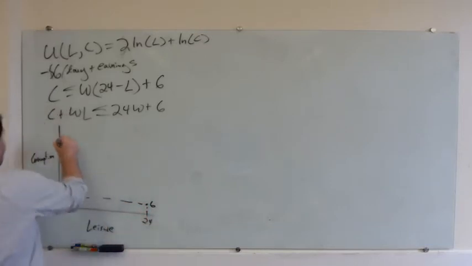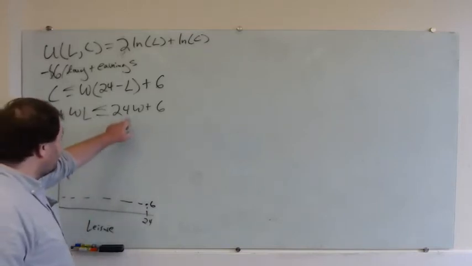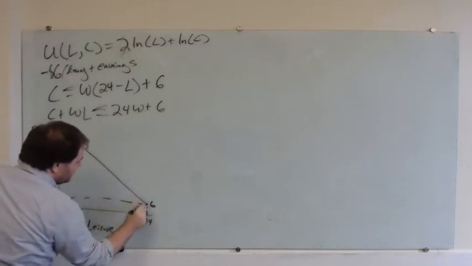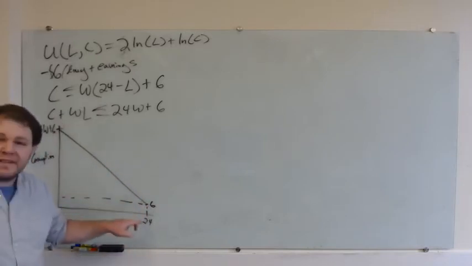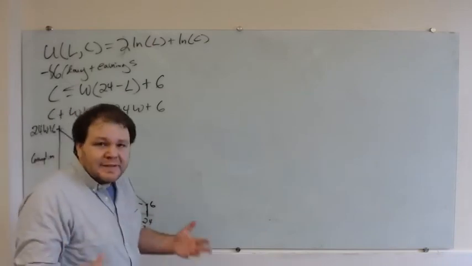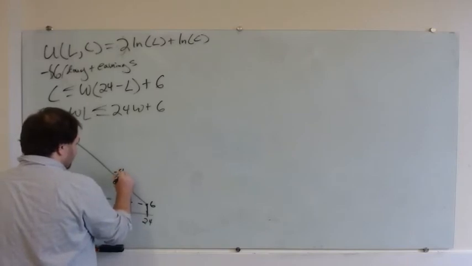On the other hand, if I took leisure of 0, I would have 24W plus 6 as my consumption. So my budget constraint is going to look like this. We can make that line solid if we want, because I could always not cash my grandma's check. And I'll have a slope equal to W.